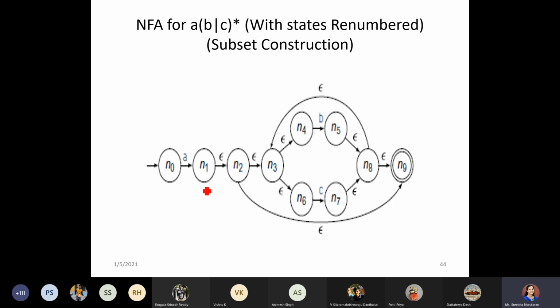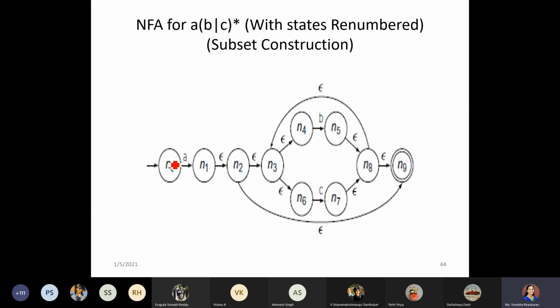Similarly, the epsilon closure of N naught with respect to B, we don't have anything, so it will be null. Similarly, with respect to C, we don't have anything, so it will be an empty one.